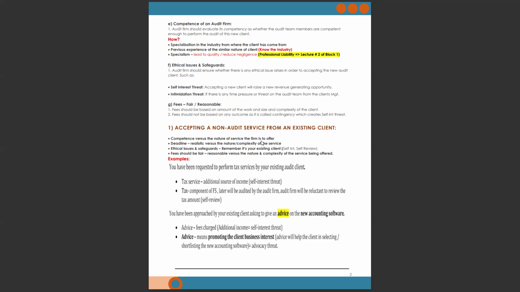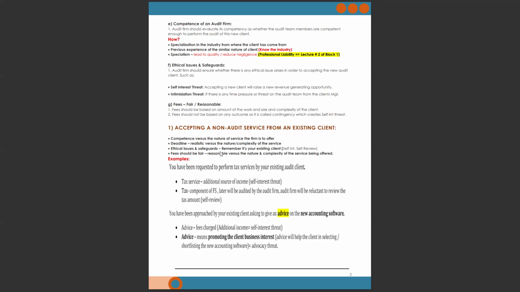We have to ensure whether we are capable of providing this service to our client or not. The deadline should be realistic versus the nature and complexity of the service, so the complexity of the service should be kept in mind before accepting a non-audit service for an existing client.